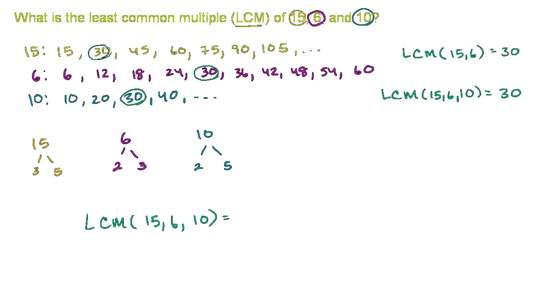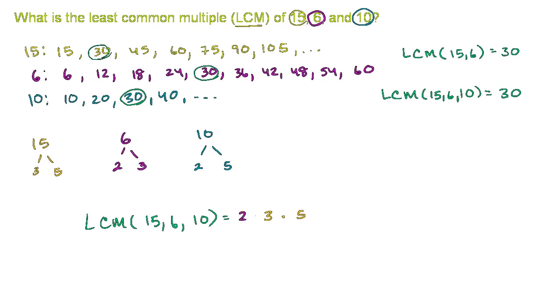To be clear, in order to be divisible by 15, it has to have at least one 3 and one 5 in its prime factorization. By having a 3 times 5 in its prime factorization, that ensures that this number is divisible by 15. To be divisible by 6, it has to have at least one 2 and one 3.